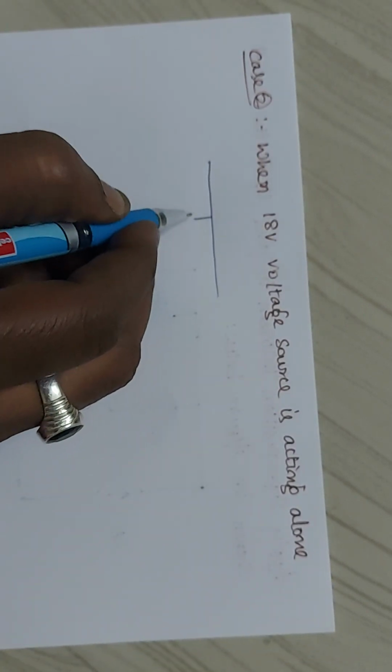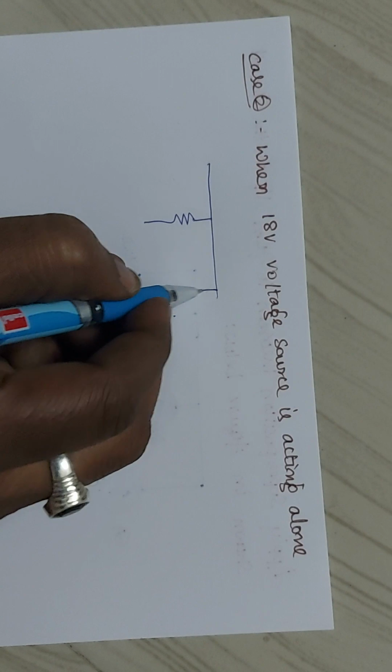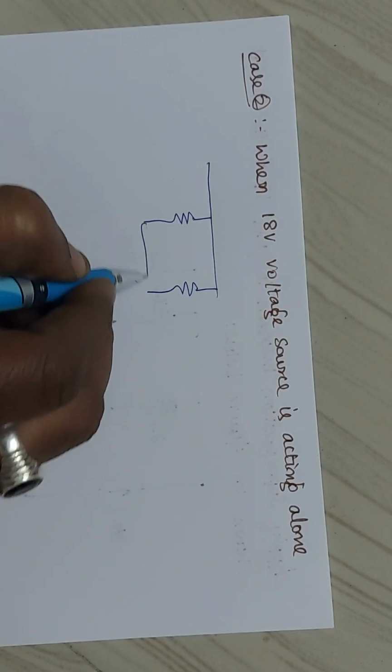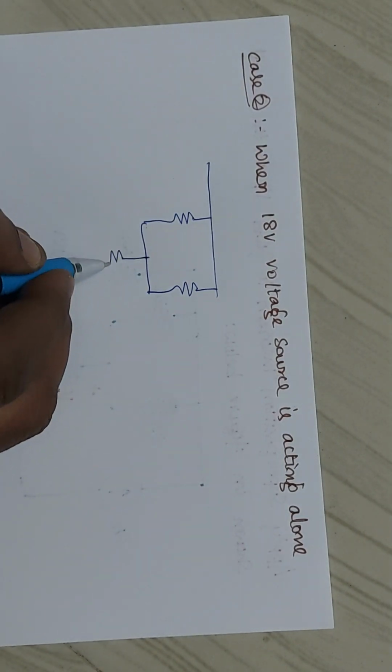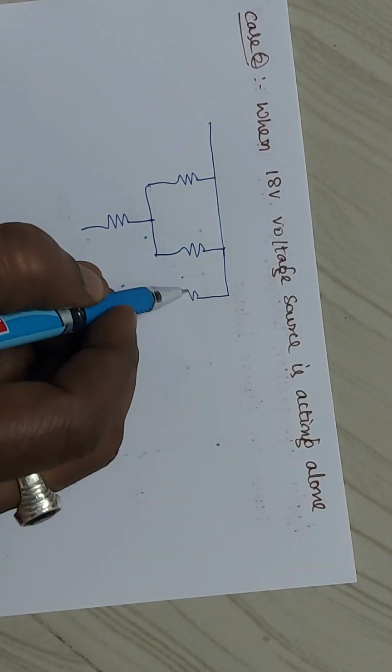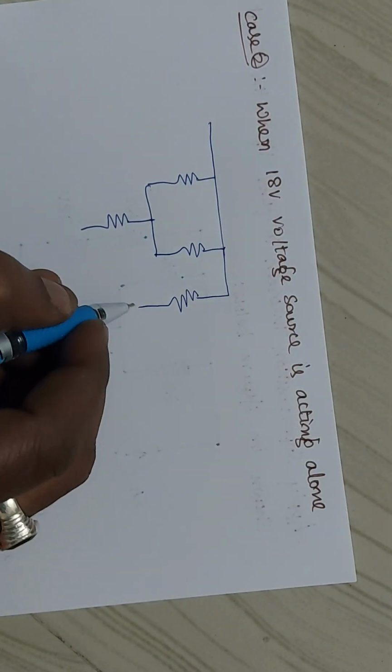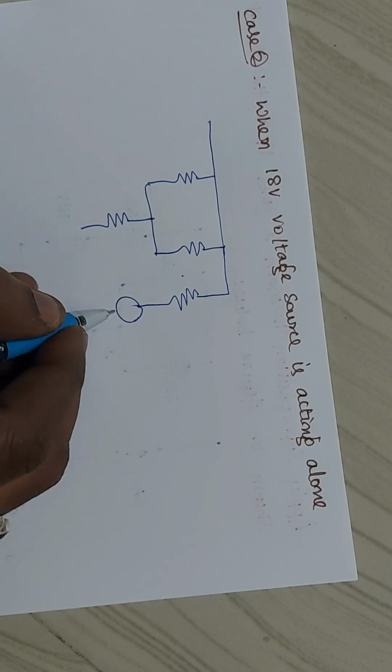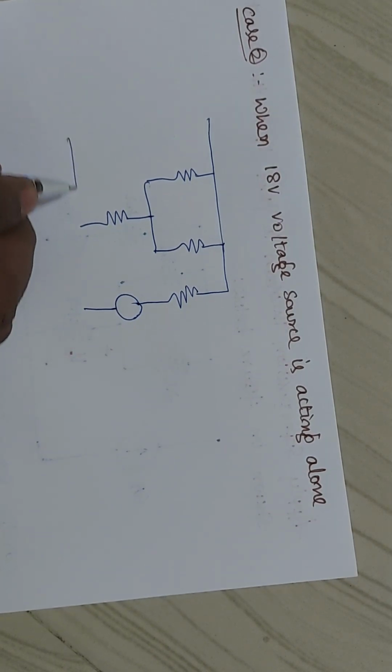So this is your 2 ohms and this is the 2 ohms, and here is your 1 ohm where they are asking the response, and this is your 4 ohms and this is your 18 volts.